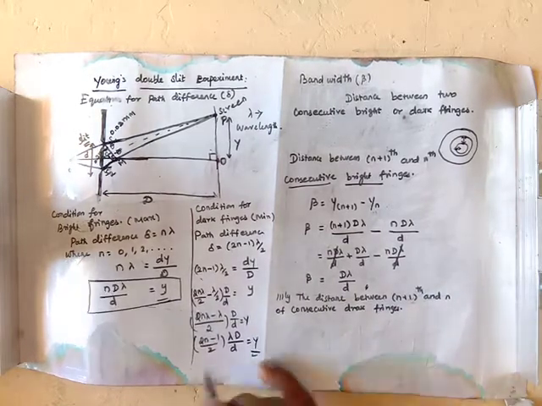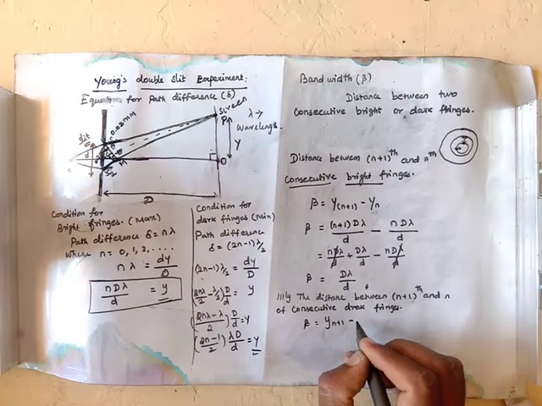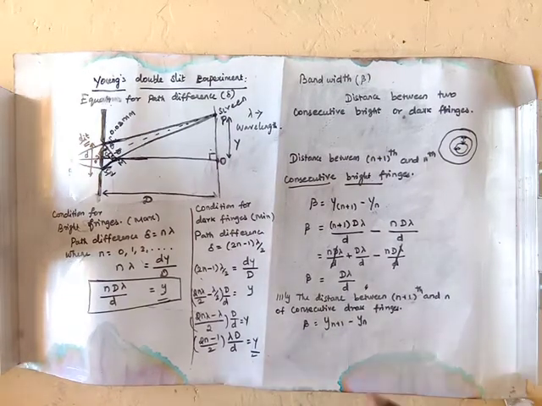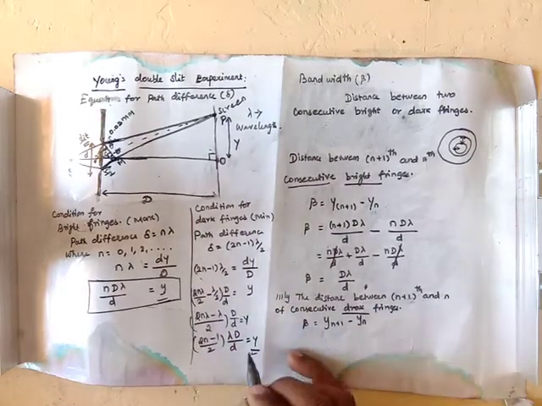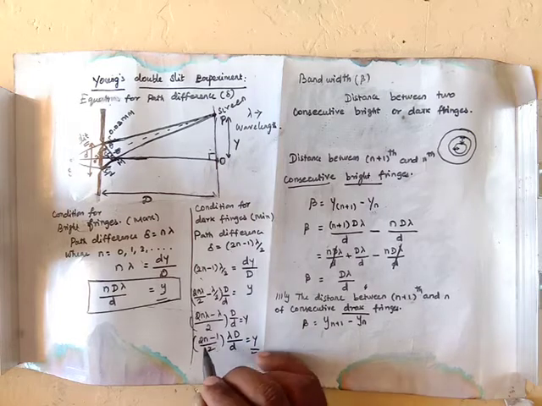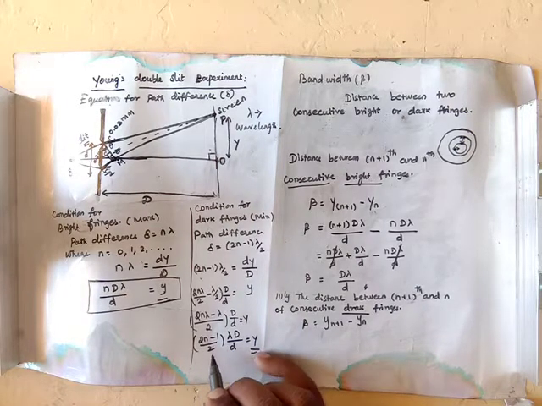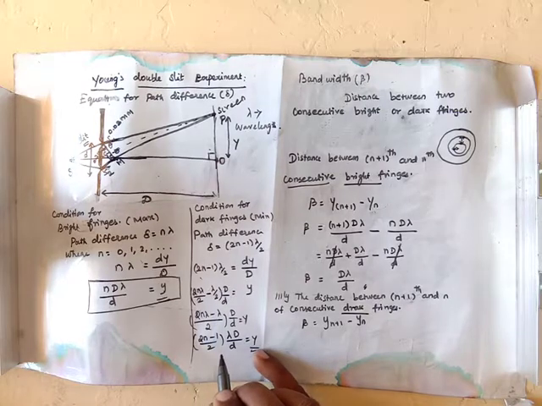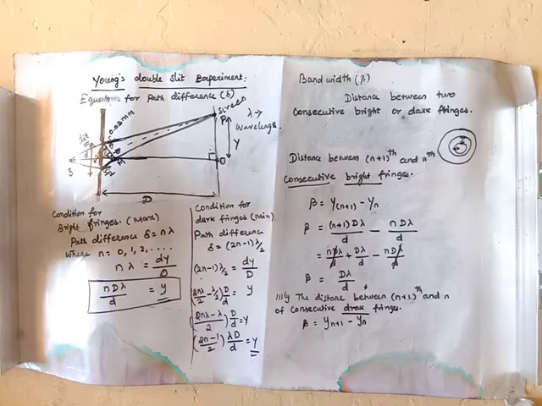For dark fringes, beta is equal to y of n plus 1 minus y of n, where y is (2n minus 1) divided by 2 times lambda D divided by d.